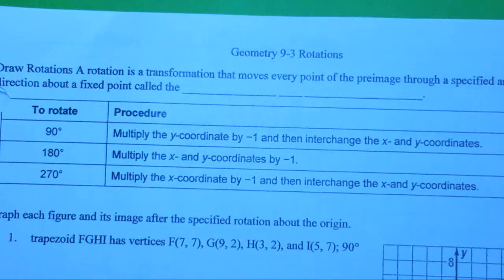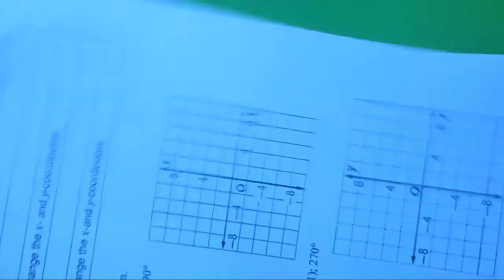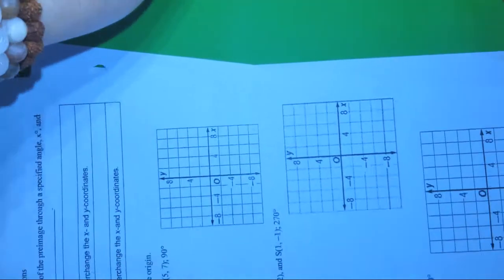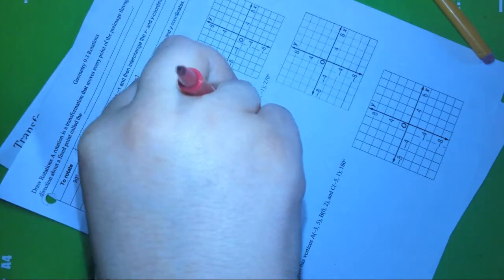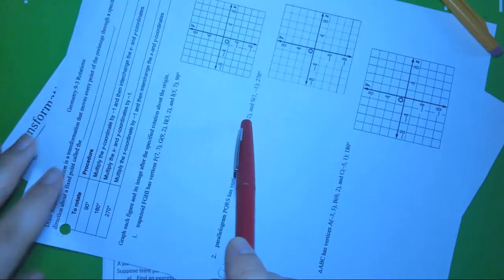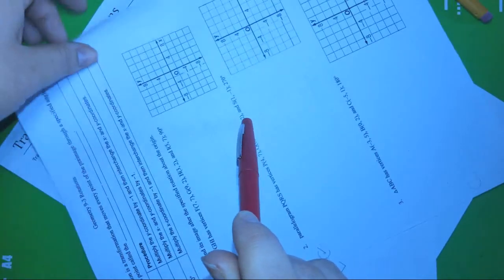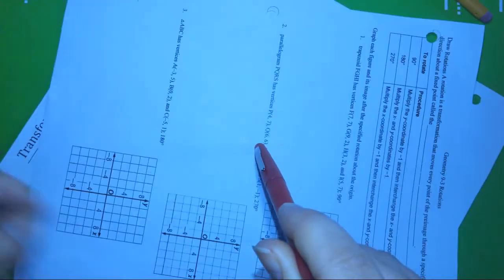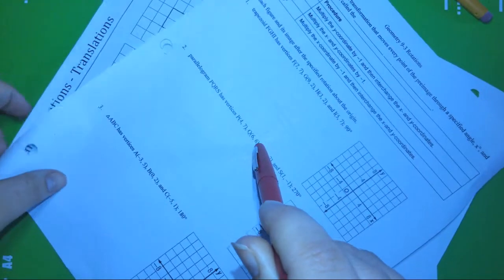A rotation is when we turn something around a fixed point. You can't see what I'm doing. When we turn something around a fixed point, like if I turn my notes around the fixed point my pen is making, we turn it around. You stare at a rotation all day when you stare at the clock. So that fixed point is called the center of rotation.